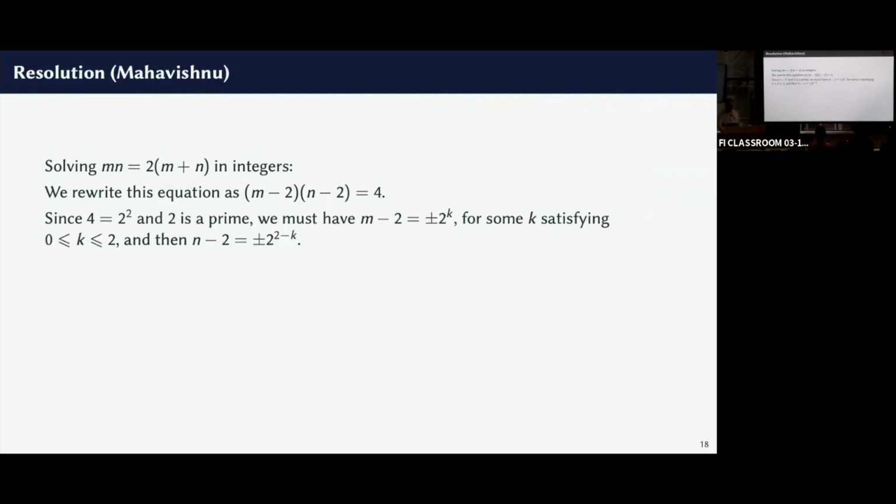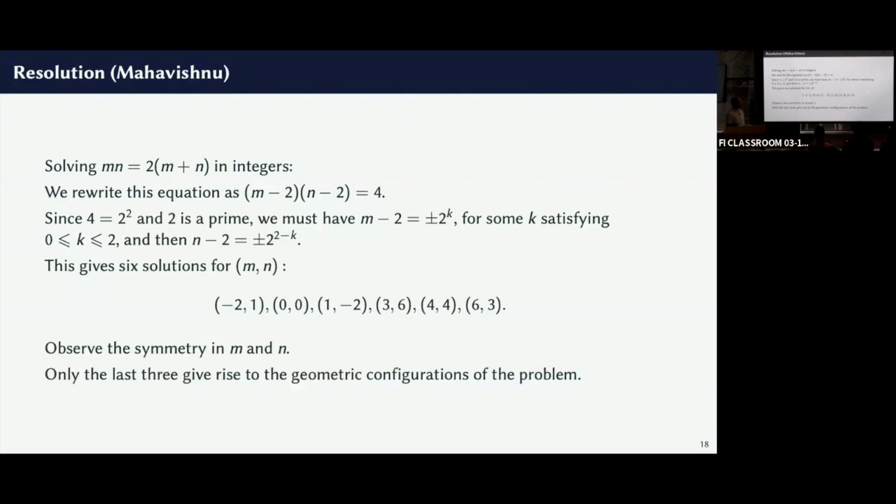So we have a formula for m here. I'll try to get the pointer, it will be easier. We have a formula for m in terms of n minus 2, and then n minus 2 is the opposite. And then you get 6 solutions. You see that the only solutions the problem was about are those ones, and the others are solutions that do not make sense geometrically.